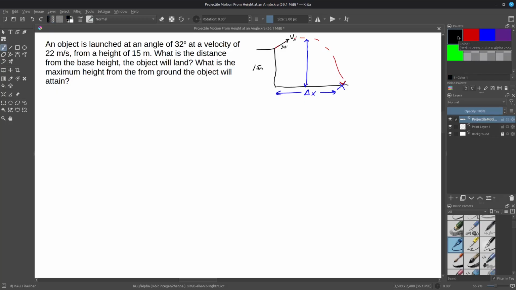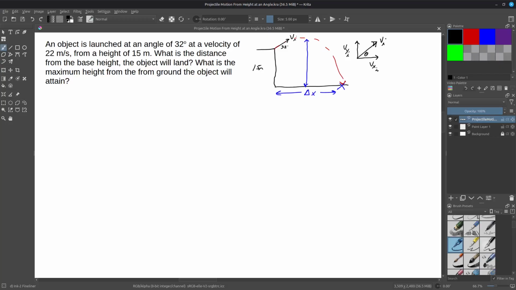So first of all, we need to understand that the initial velocity is the resultant vector. Okay, and that is made up of two component vectors, Vx initial, here's theta, and we have Vy initial. And in this case, Vy initial is not zero. If an object is being rolled off a height, then the initial velocity is zero in the y direction.